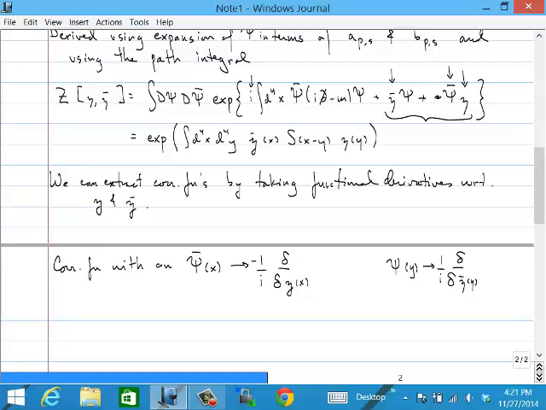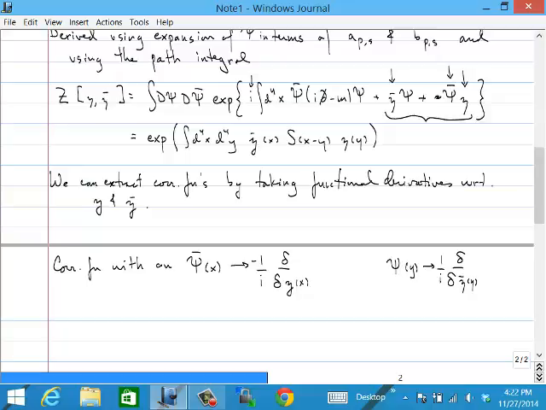So what that means is that, if you want to compute, so we have this expression for the generating function, so you have an eta bar psi plus psi bar eta. And then, for example, if you want to compute a correlation function involving a psi bar, you need to take a derivative of Z with respect to eta.